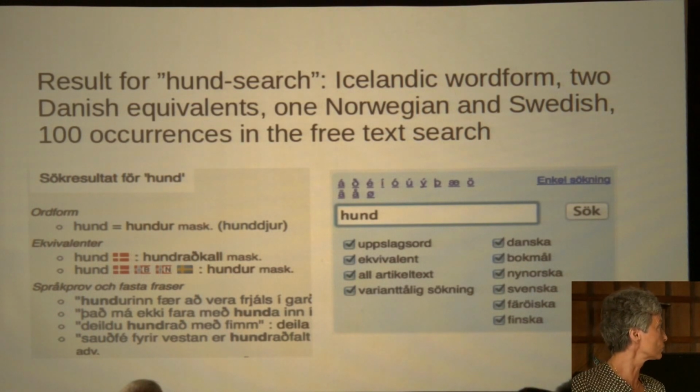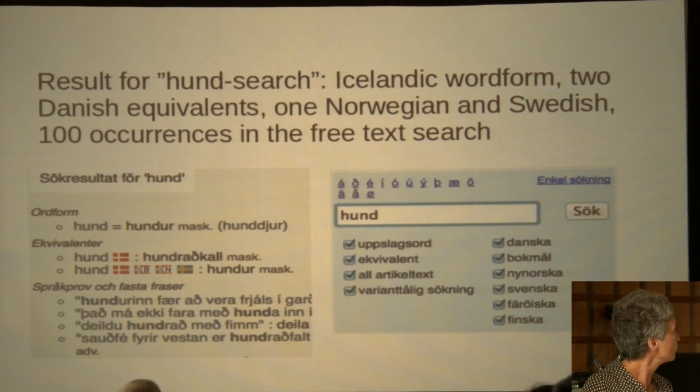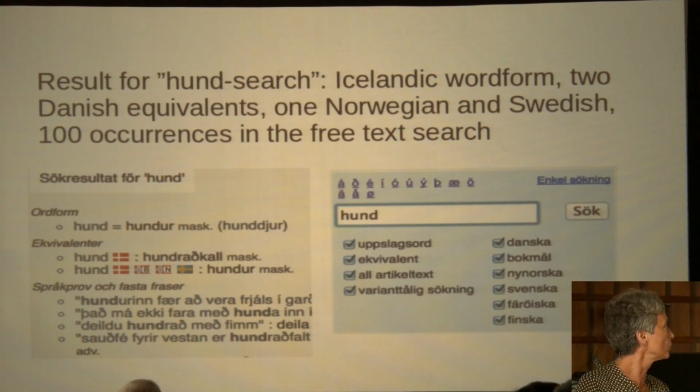Here we see a search for the string hund, which is a word equivalent in Danish and also found in Norwegian in both varieties and in Swedish. And also it's a word form in Icelandic. It gets that one too. Word form hund, that's hundur, an oblique form of hundur.